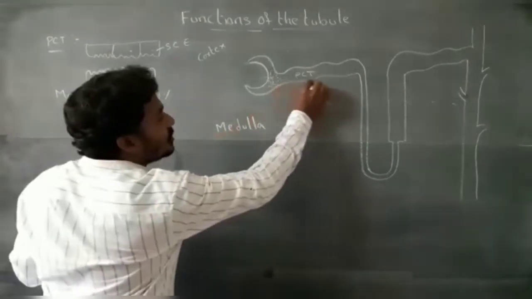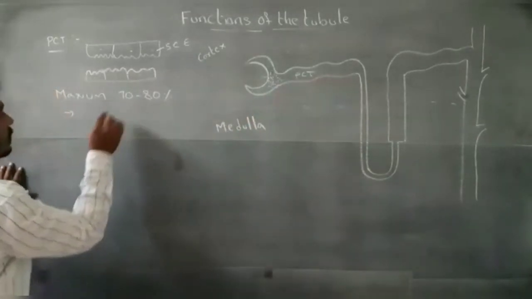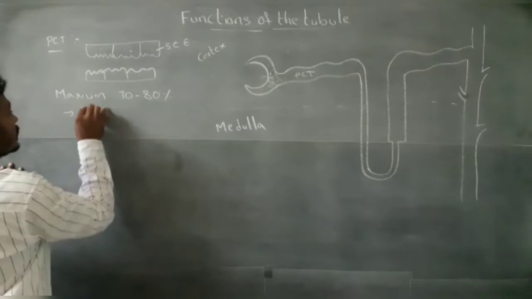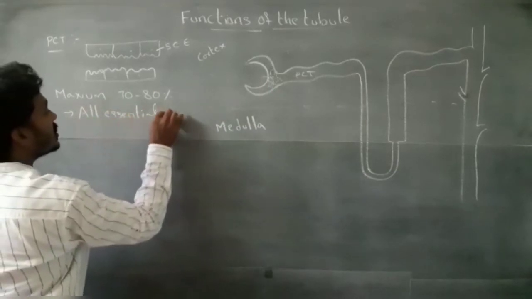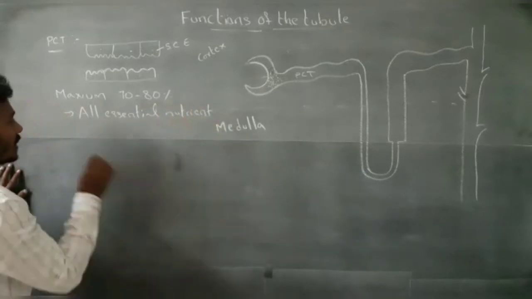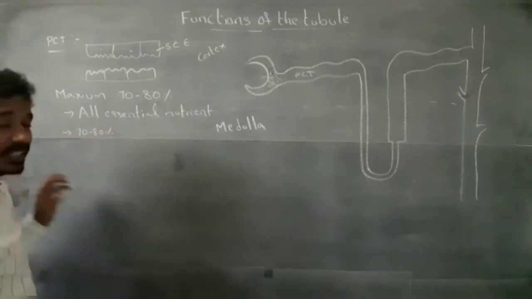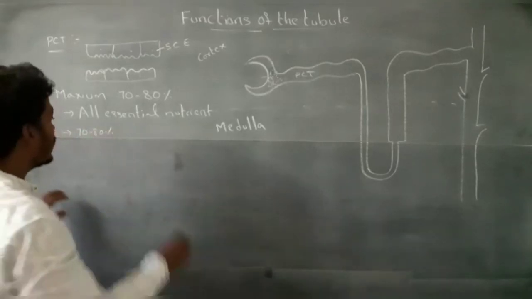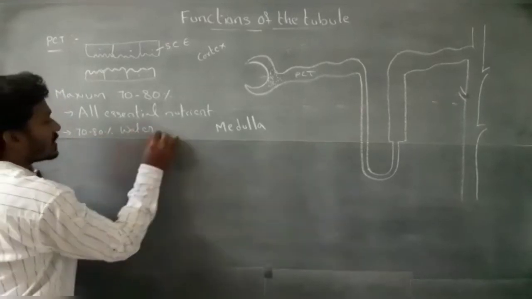All essential nutrients are reabsorbed in the PCT, along with 70 to 80% of water and electrolytes.